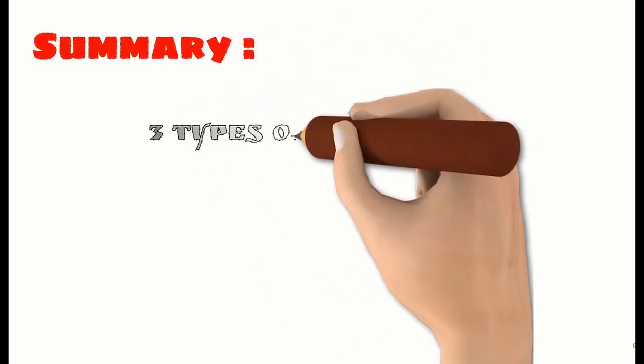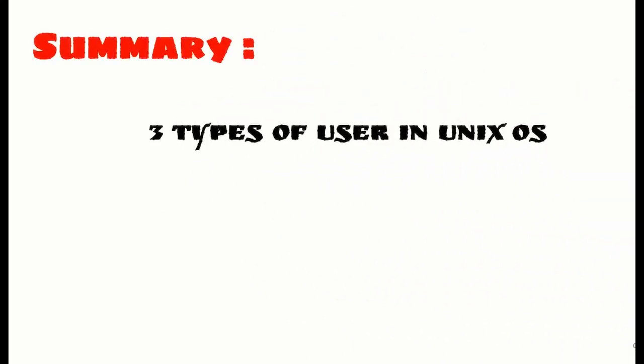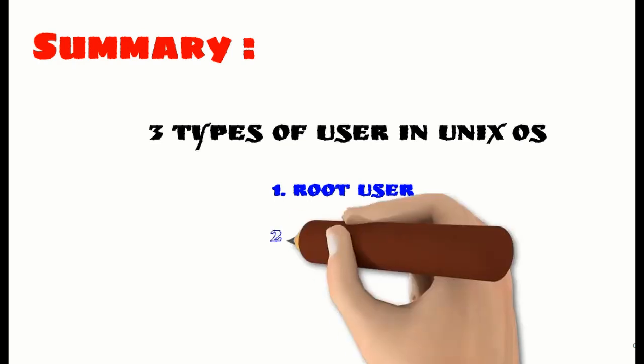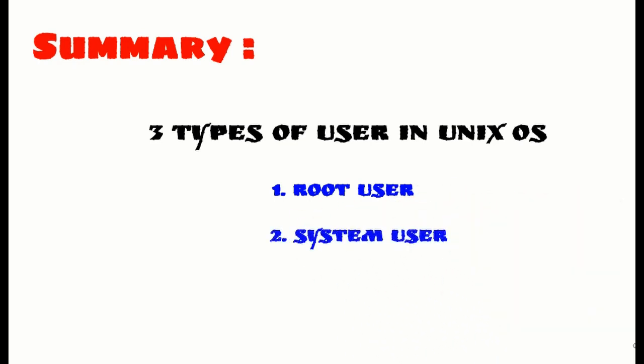So to give you the summary of this video, there are three types of users in Unix operating system. First, root user, the king. The super user, special kind, has unrestricted access to the system, having user ID 0, has ability to add users, groups, give permissions, change priority of the processes, and so on and so forth. Second, system users, used for specific operations.